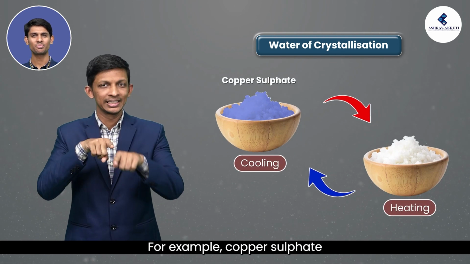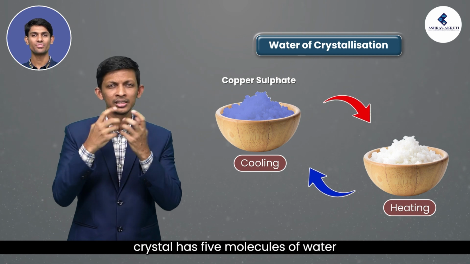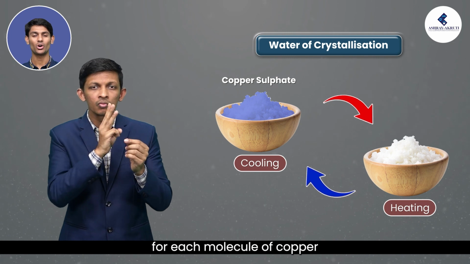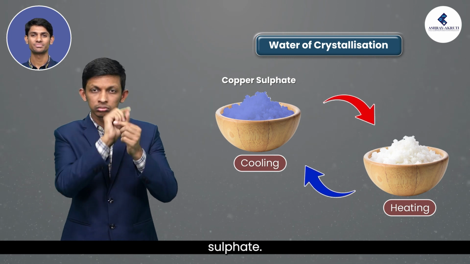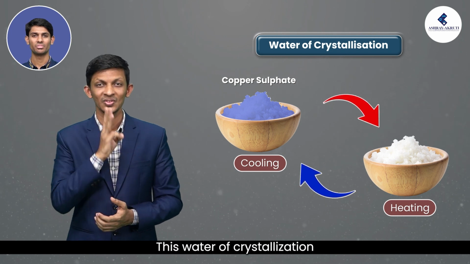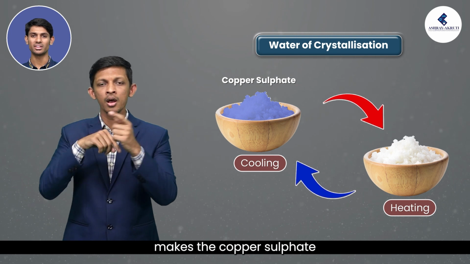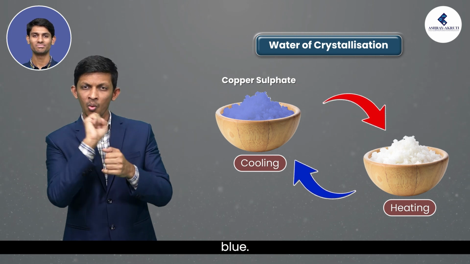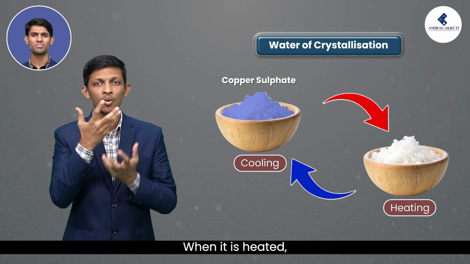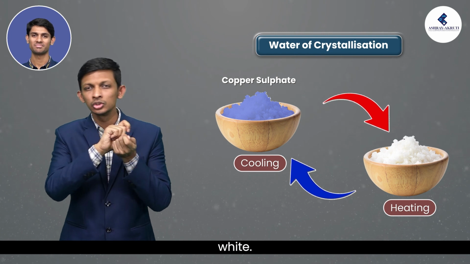For example, copper sulfate crystal has 5 molecules of water for each molecule of copper sulfate. This water of crystallization makes the copper sulfate blue. When it is heated, it loses its water molecules and becomes white.